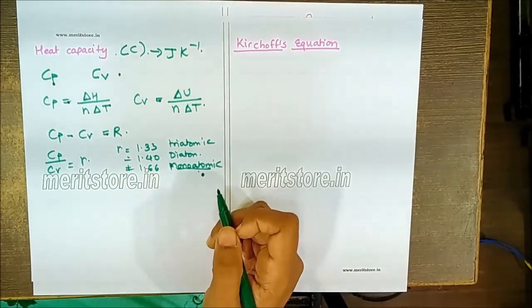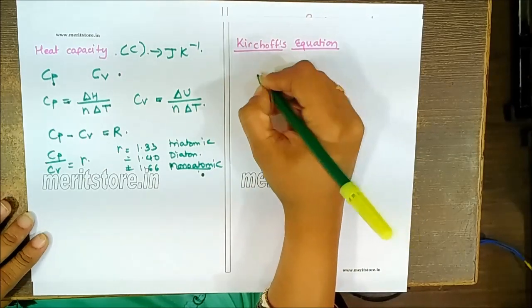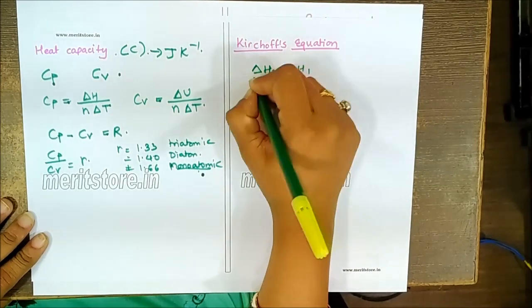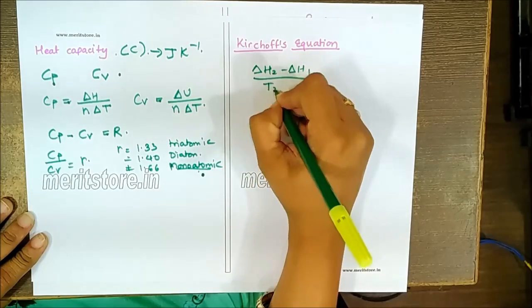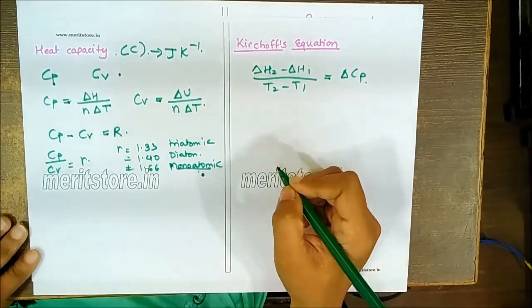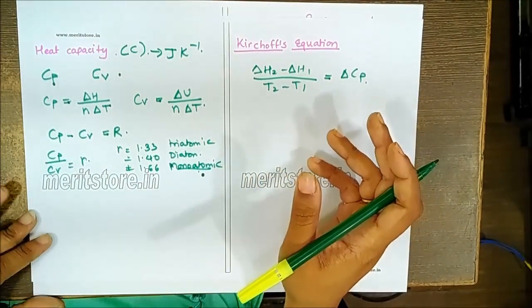Now, Kirchhoff's equation is delta H2 minus delta H1 divided by T2 minus T1 equals delta Cp. This gives the effect of temperature on the heat of reaction at constant pressure.